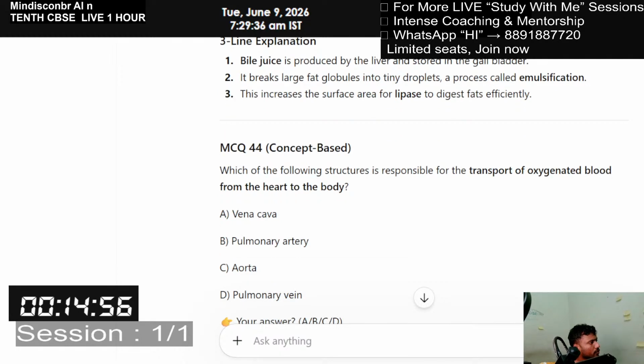Which of the following structures is responsible for the transport of oxygenated blood from the heart to the body?